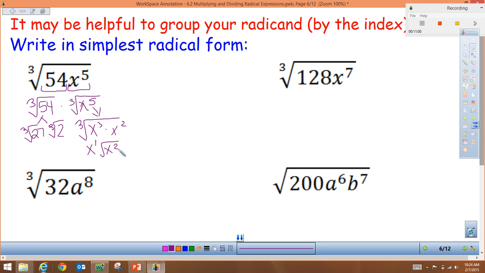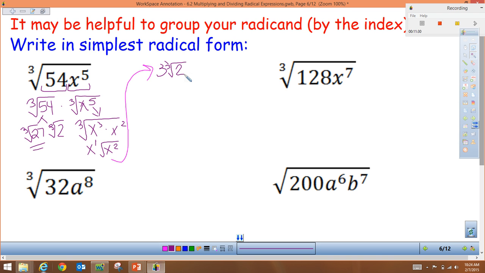Let's move this information to the right. We now have the cubed root of 27 from over here, which is 3. We also have the cubed root of 2 left over. Sorry, it's going to be a little difficult to write here.